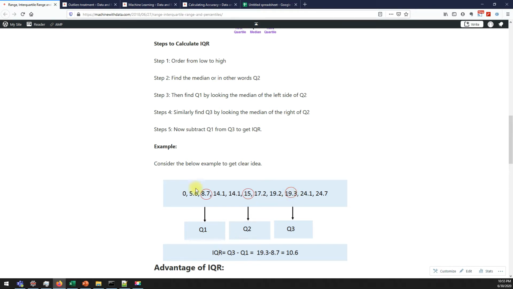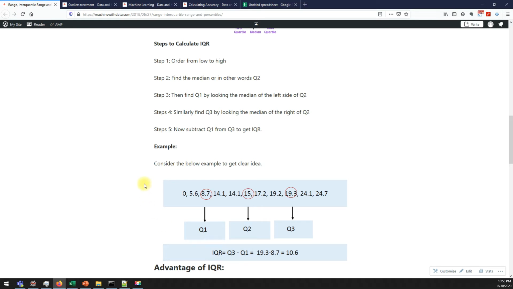So the formula of IQR is Q3 minus Q1. For this given list, my IQR is 10.6. Our intention is to find outliers for this given list, so with the help of IQR, we can calculate the outliers.